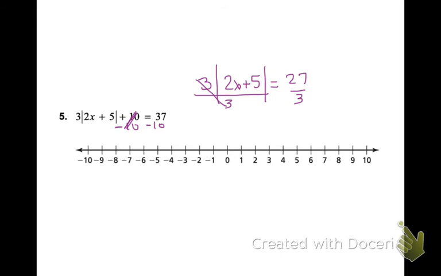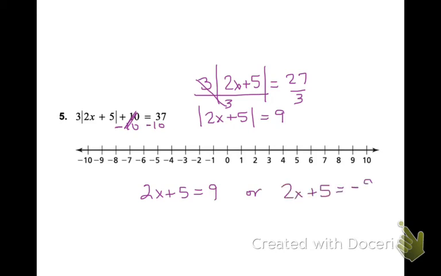So I will get the absolute value of 2x plus 5 is equal to 9. So I can write my two linear equations as inside the 2x plus 5 would be equal to 9, or the 2x plus 5 would be equal to a negative 9. So let's just solve them.